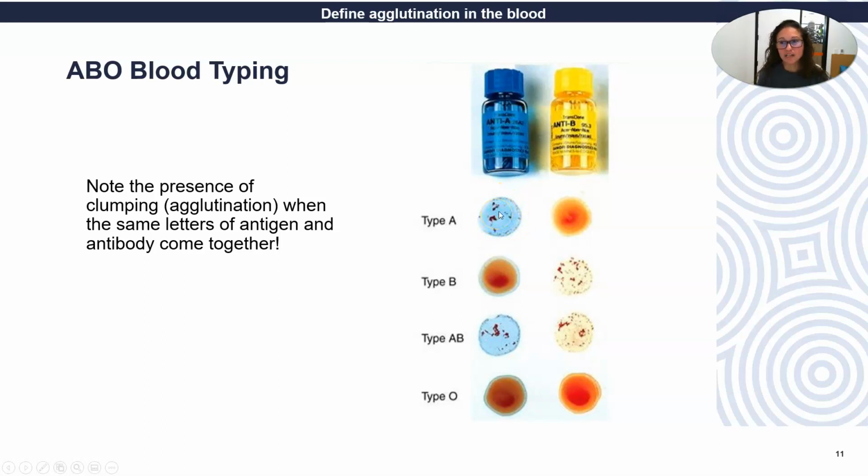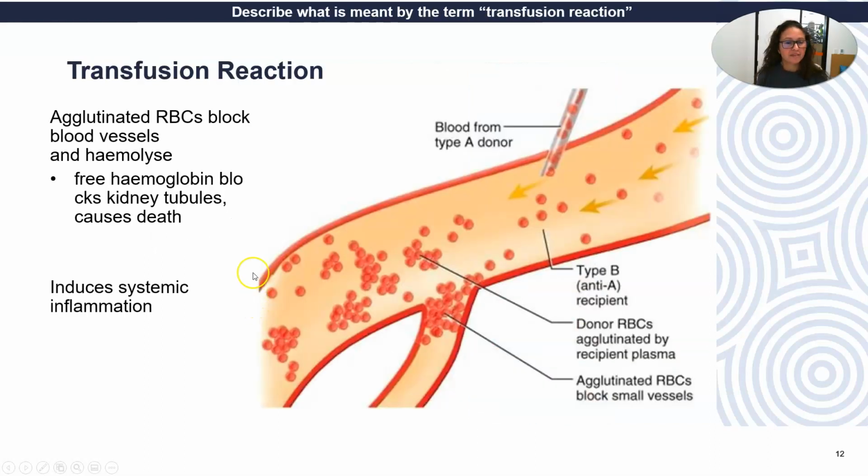Just another way of looking at it. Look, type O didn't clump at all because it has no antigens, so it doesn't matter what antibody we stick in there.